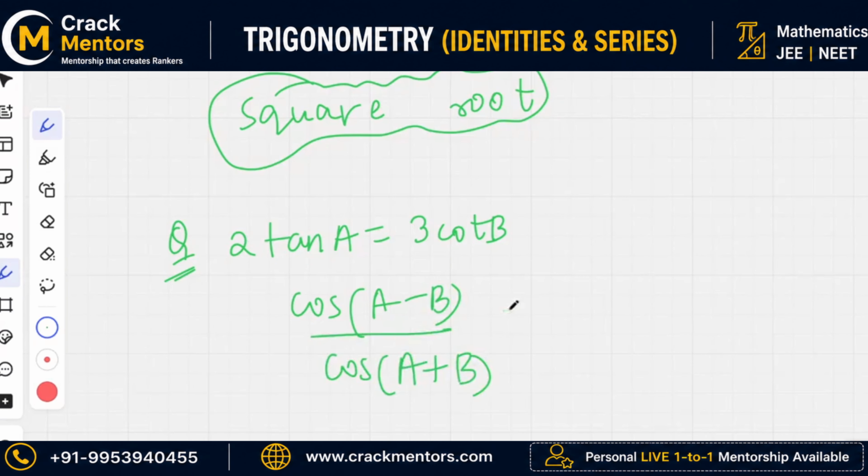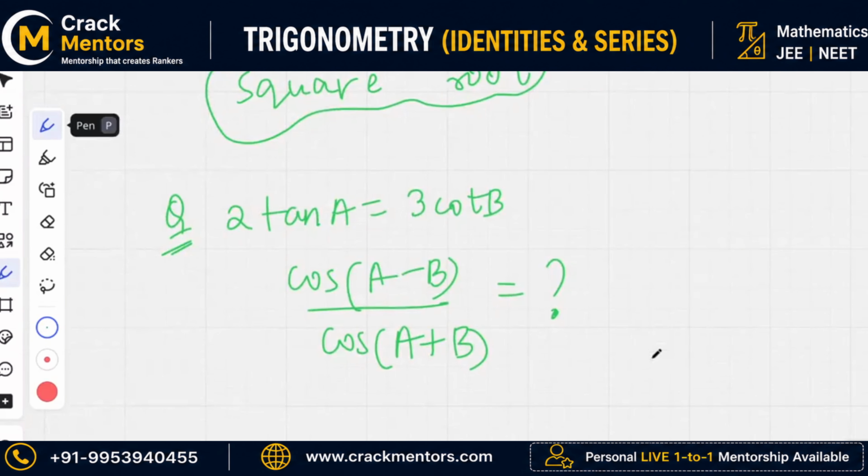Yes, please try. 2 tan A equal to 3 cot A. So I have to find cos A minus B by cos A plus B.